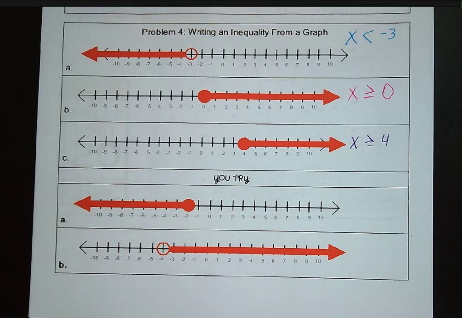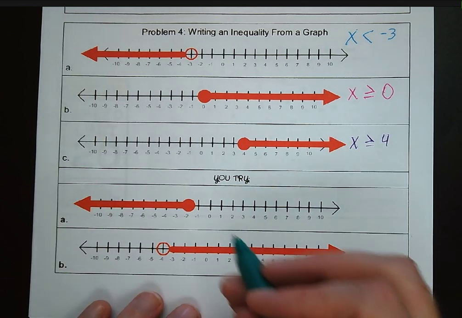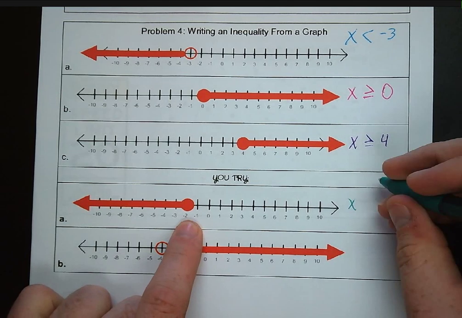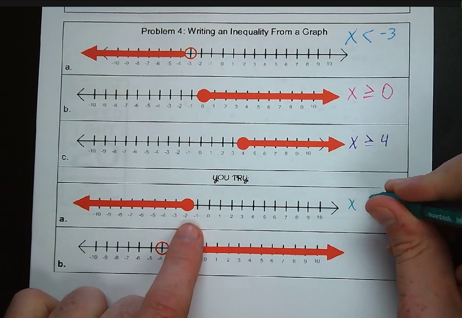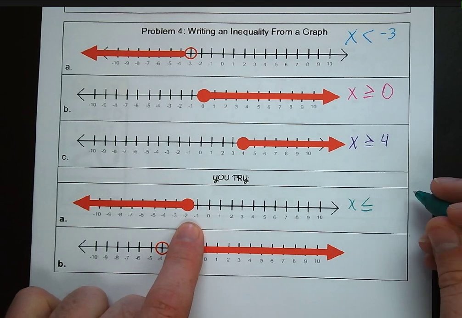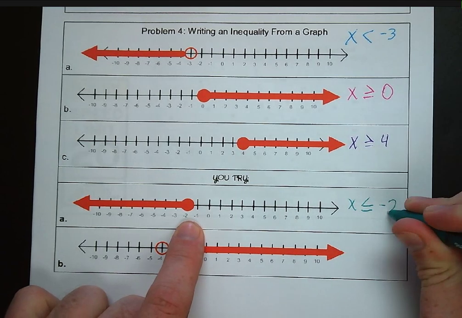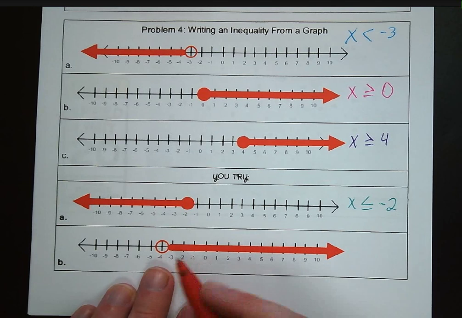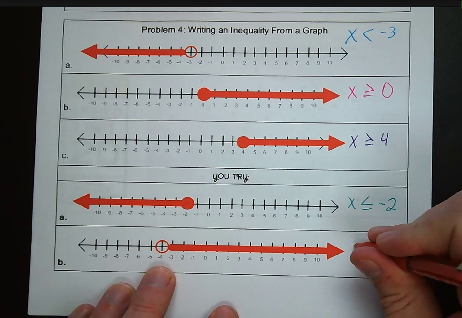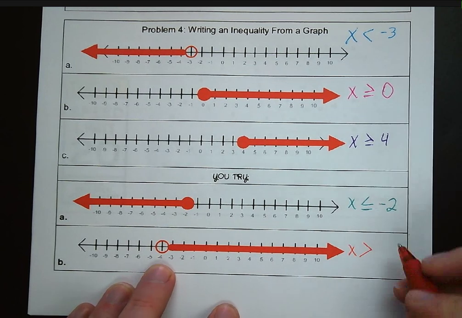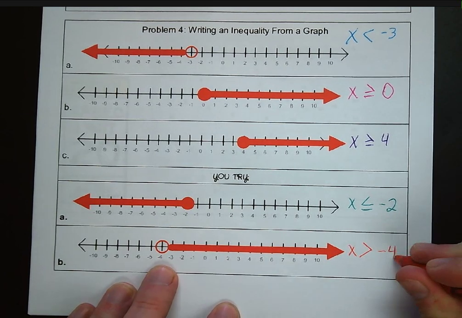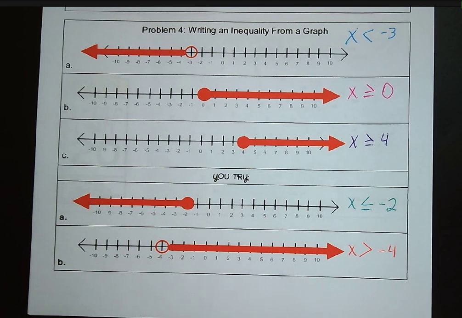So, letter A, we have a solid dot at -2, and it is opening to the left, so it is going to be less than or equal to -2. Last one, letter B. We have an open dot, and it is opening to the right, so we have x is greater than. Our point is at -4. So it's x is greater than -4.